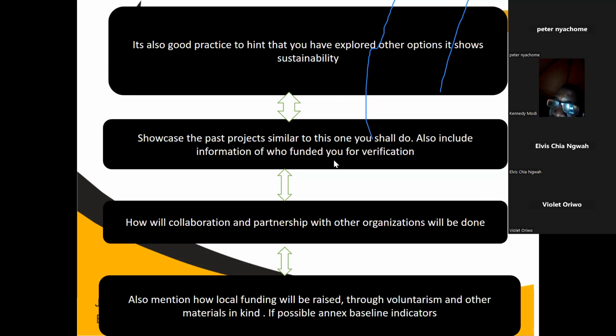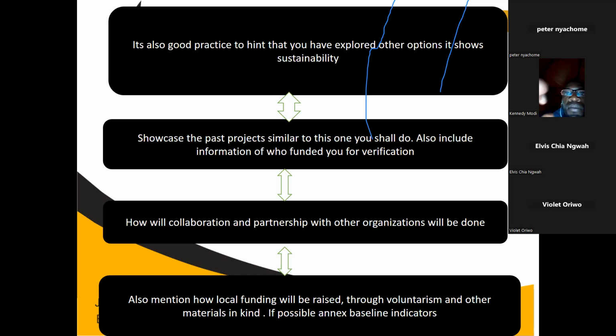So now we almost moved. It's also good practice to hint that you have explored other options of funding. Why is this important? Remember, the donors are interested to know your level of sustainability.